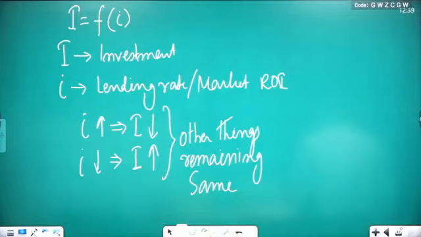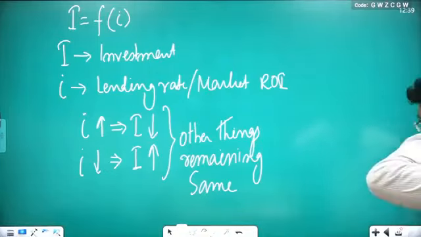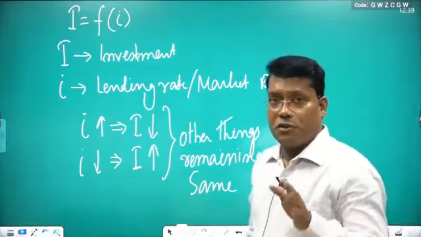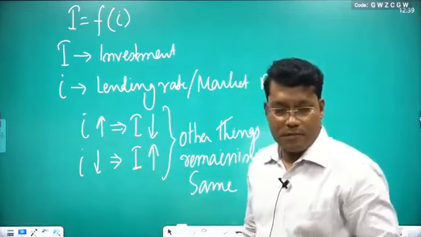So investment is a function of the rate of interest, the market rate of interest or lending rate of interest, and it is inversely related. Write this first.